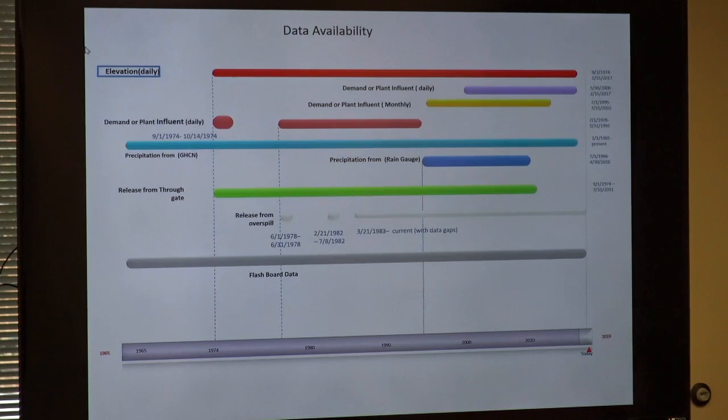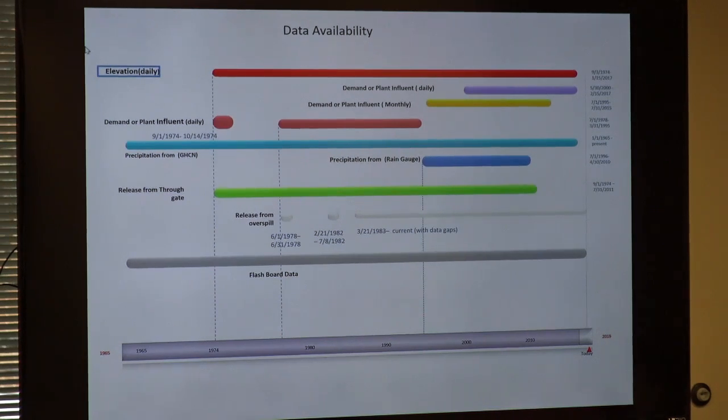Then we have precipitation data coming from co-op stations, and we also use PRISM, which is remote sensing data, satellite data, to make sure that we have rainfall and temperature data at 4 kilometer grid spaces. So we actually have those data already stored in a server for general use now.